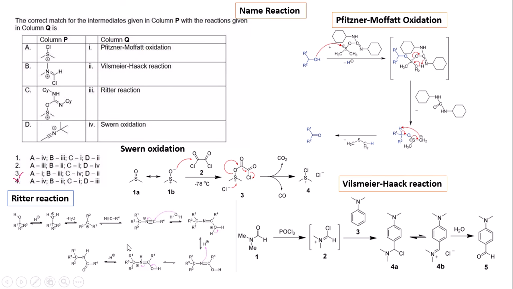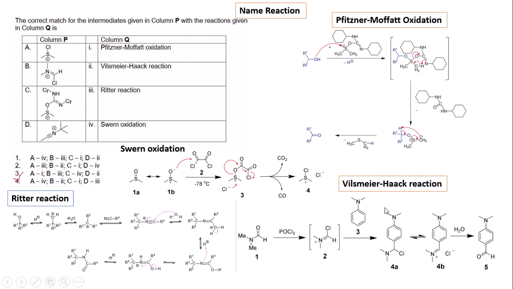Again, in the Ritter reaction, the tertiary alcohol can be converted to the tertiary butyl substituted primary amine, where the water molecule is eliminated and the nitrogen atom attacks the hard center to produce the amide intermediate, and then hydrolysis of this amide intermediate gives the tertiary butyl substituted primary derivative.